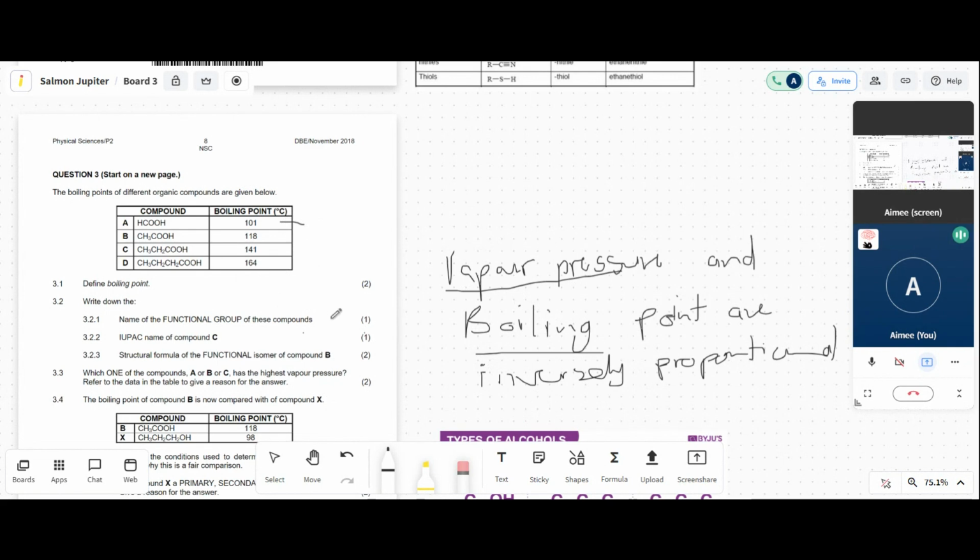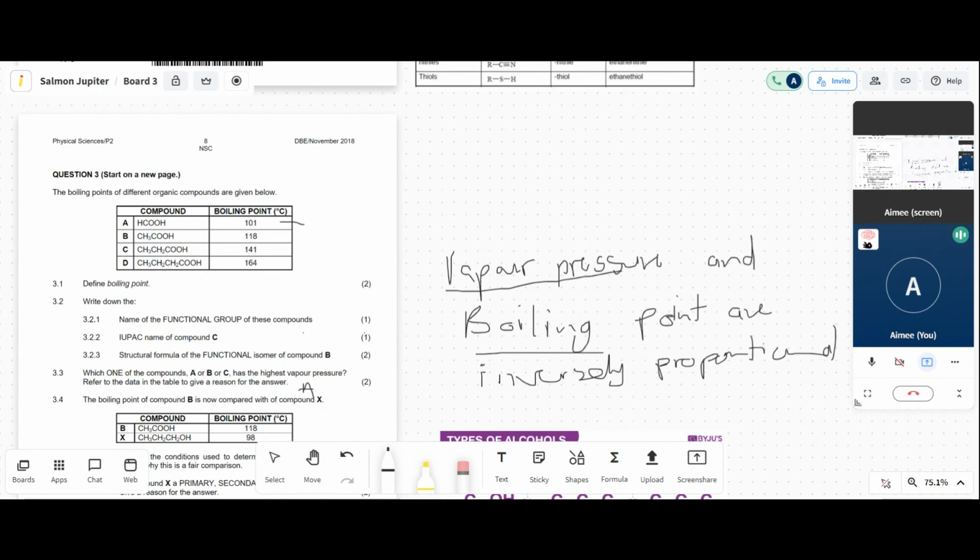Okay, so our answer for this one is A. And our reason is because boiling point and vapor pressure are inversely proportional. Okay, so it means that the compound with the lowest boiling point will have the highest vapor pressure.